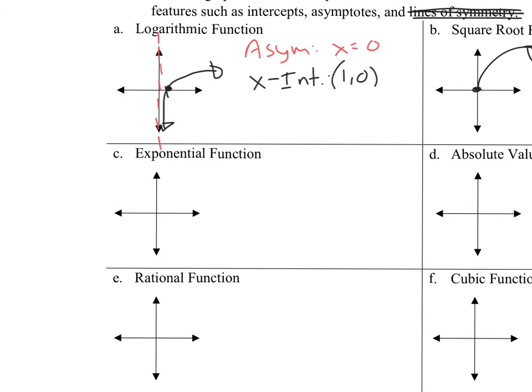Exponential. This one right here is this guy. Okay, this was the one I tried to draw for the starter. And it's passing through the y. Okay, so it has a y-intercept. That y-intercept is at 1, 0. Remember how the exponential and logarithmic, they're opposites, they're inverses of each other? So that means the asymptote is not at x equals 0, but now it is at y equals 0.